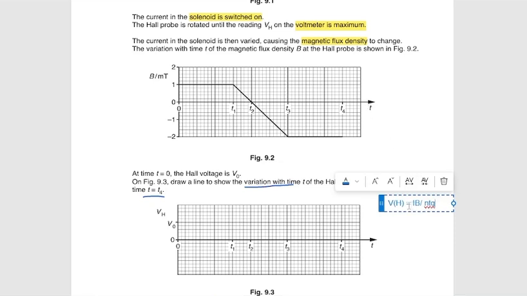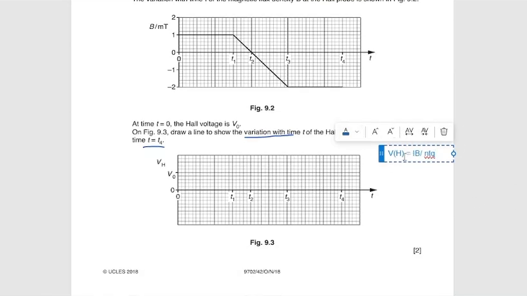This is the formula for hall voltage. If you wish to look into the derivation of this formula, then you can click on the link in the top right corner. It will provide you with a very easy derivation of this formula.